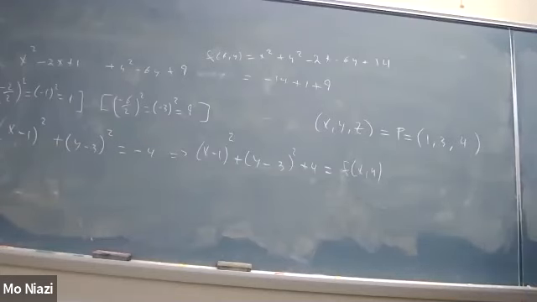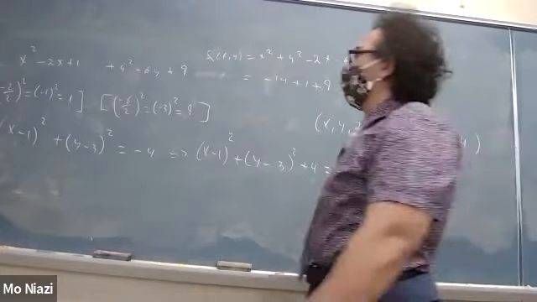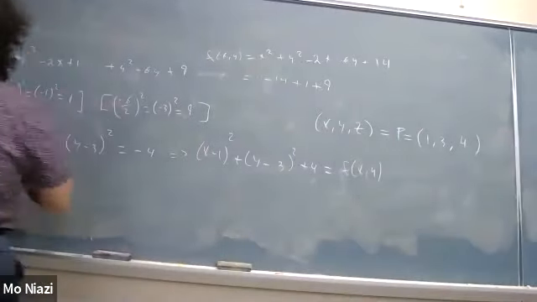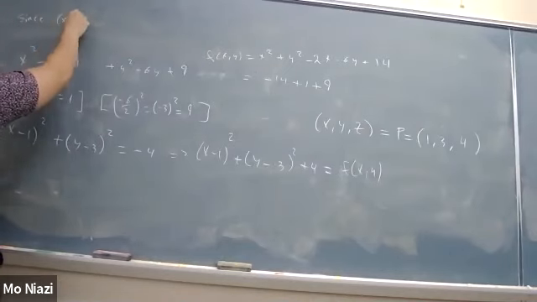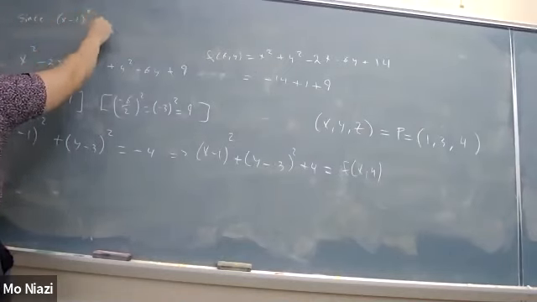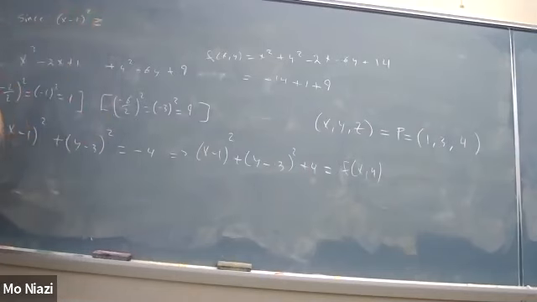So here's the argument. Since this quantity right here is always greater than or equal to what? Notice that any number, even if it's negative, once we square it, it becomes what?